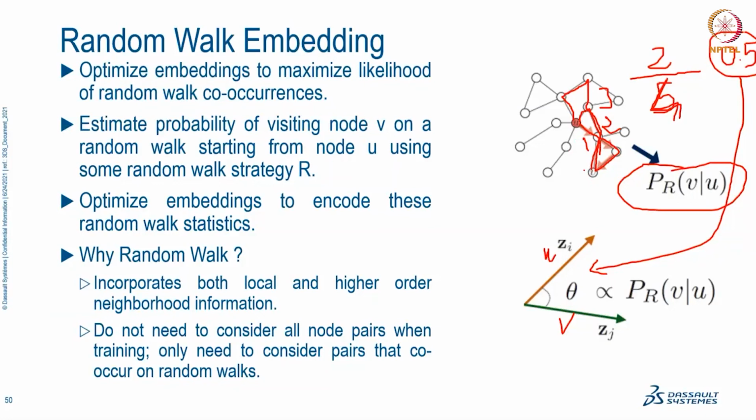Also, we don't need to consider paths for all the pairs. You can just define that you want to work on 5 random walks or 4 random walks. Whichever nodes are encountered in those random walks, only those features are considered for embedding. This would generalize the model well compared to walking on all the nodes.